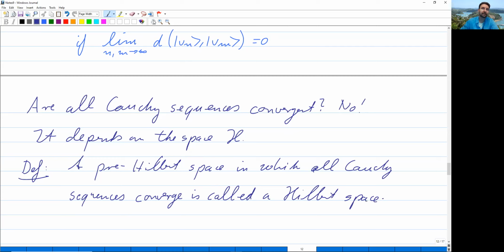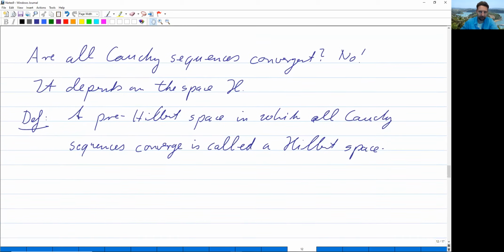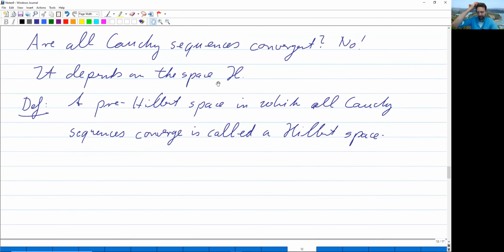Now, you may wonder, does this ever come up in practice in physics? And the answer is yes. Remember how we saw at the beginning of the course that the X and the P cannot be represented as finite dimensional matrices, but they can as infinite dimensional matrices.